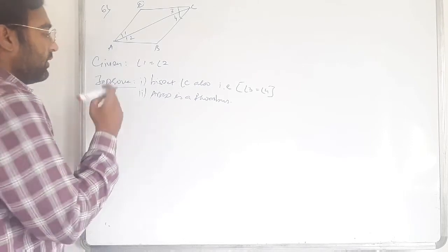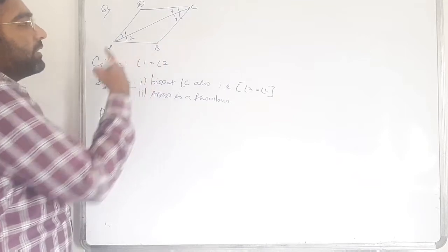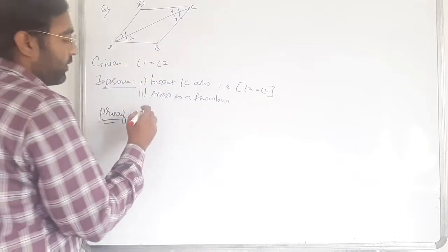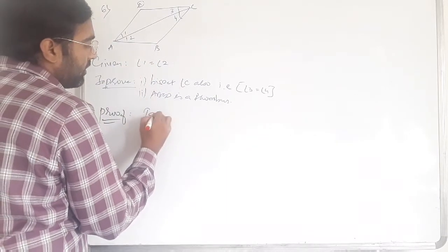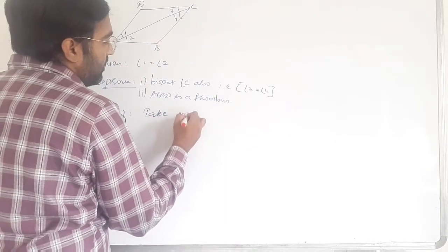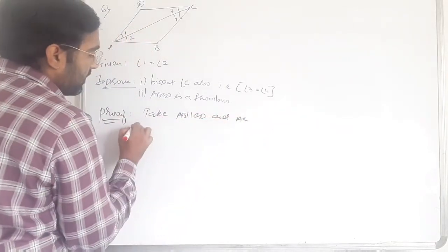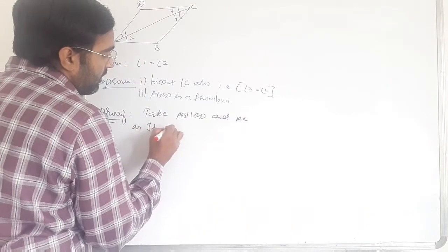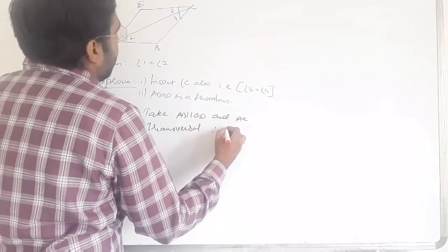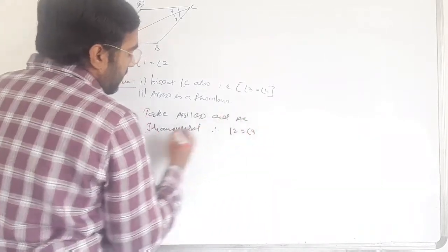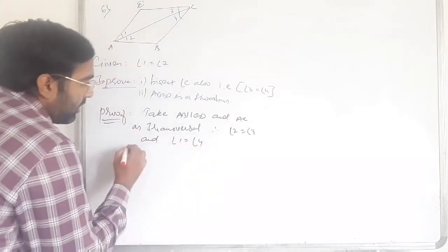In the proof, since ABCD is a parallelogram, we take AB parallel to CD and AC as a transversal. Therefore angle 2 is equal to angle 3 and angle 1 is equal to angle 4.